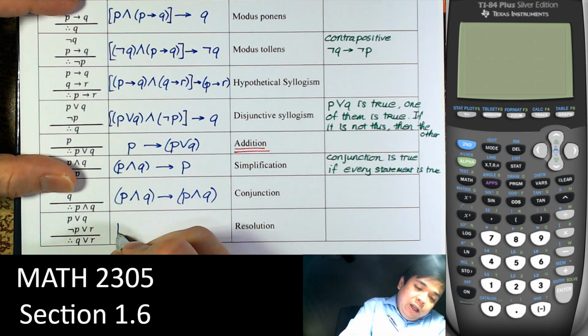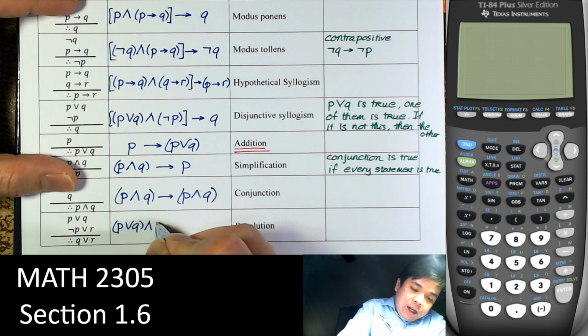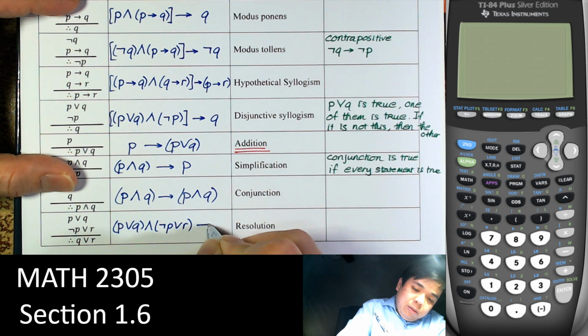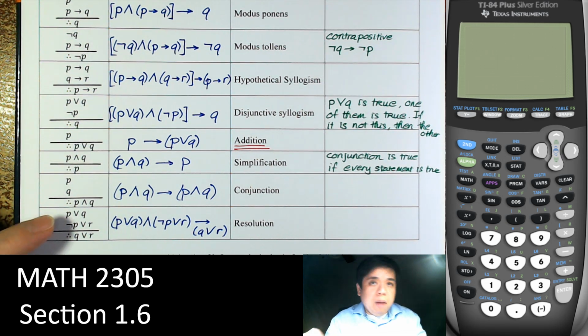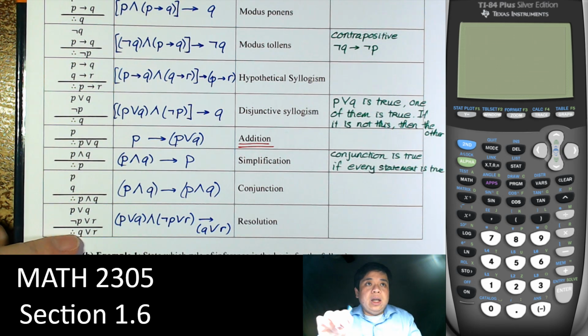Now, P or Q, and not P or R, implies Q or R. Now this is a little more difficult. P, not P: one of them is true, the other one is false, right?